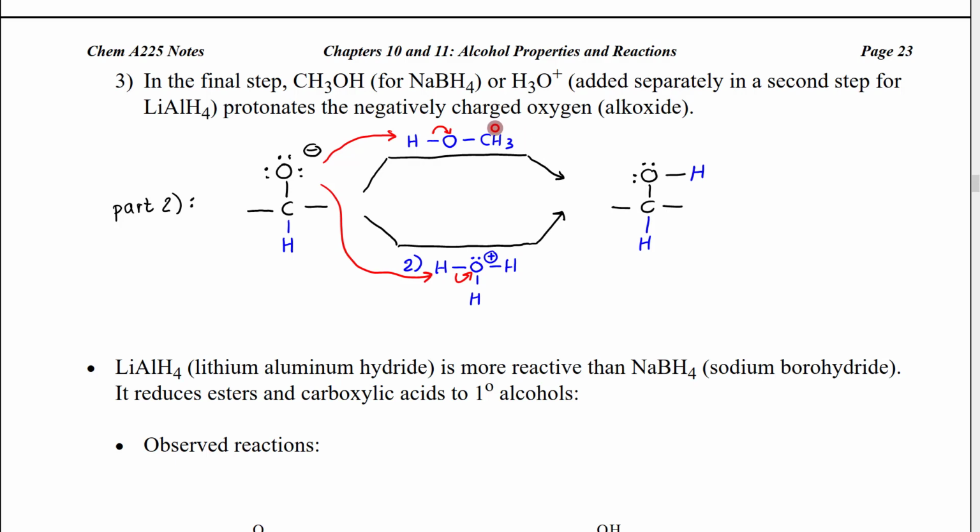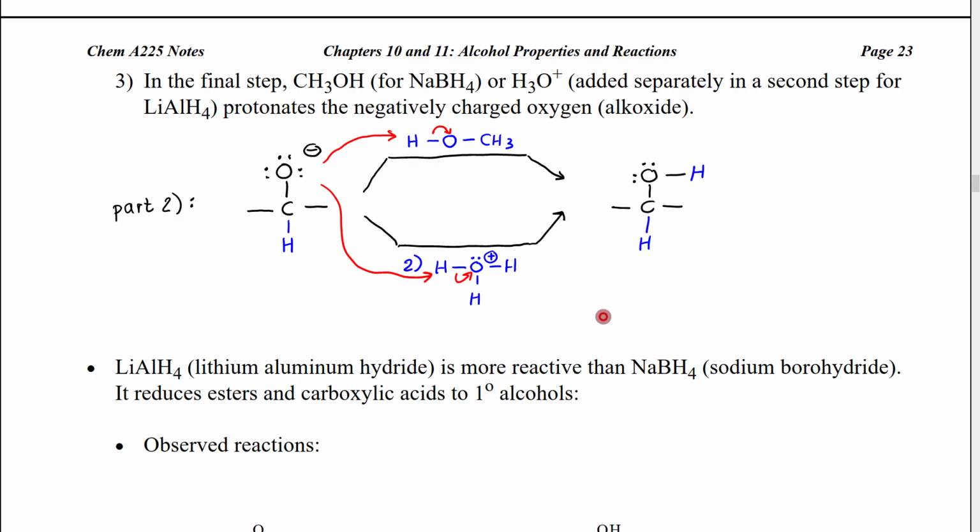Therefore, what we have to do is complete our reaction for the first part with lithium aluminum hydride, and then very carefully add in an acid or an alcohol to allow reaction.